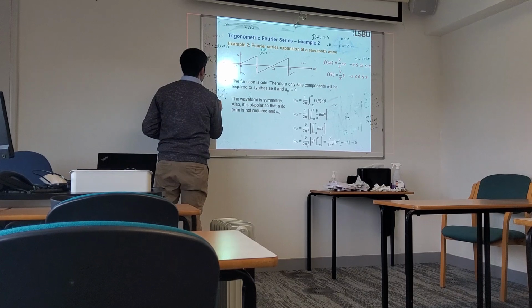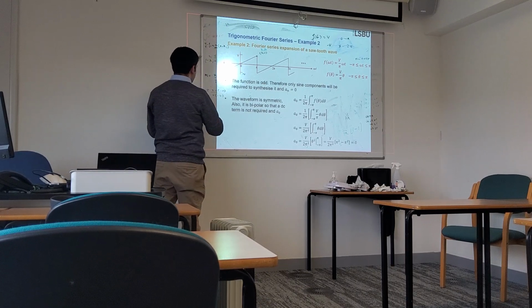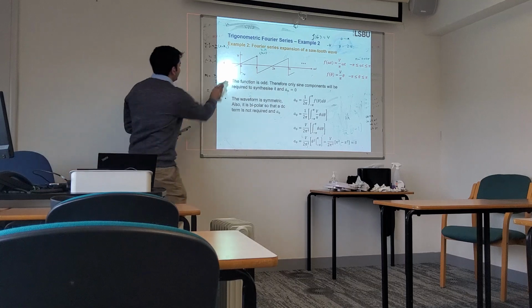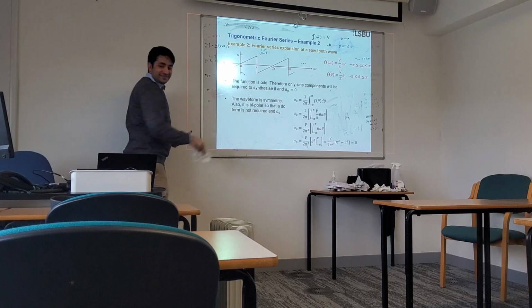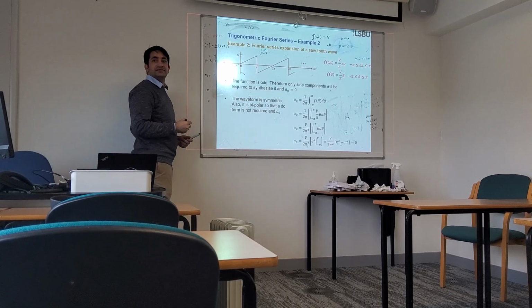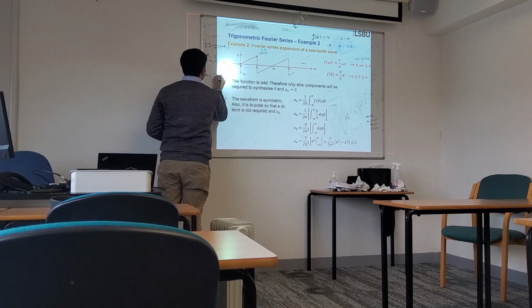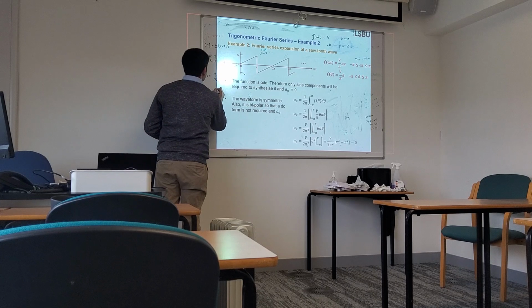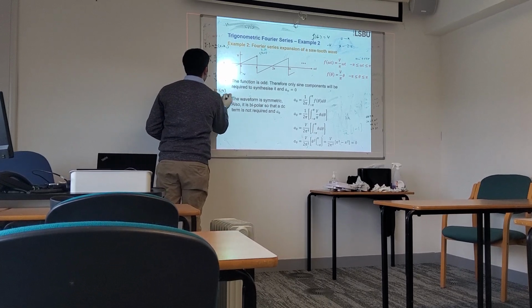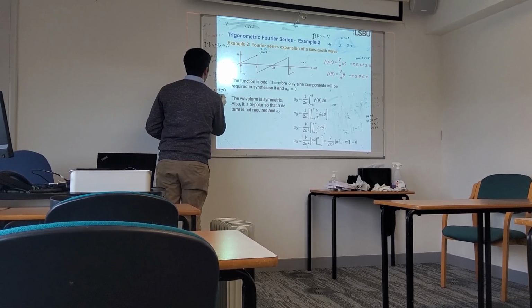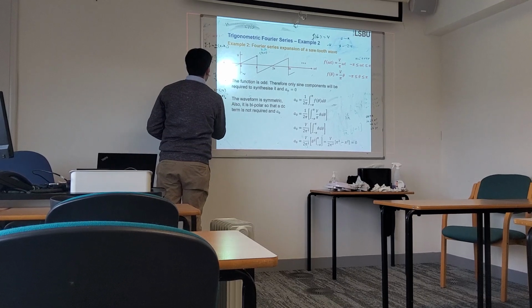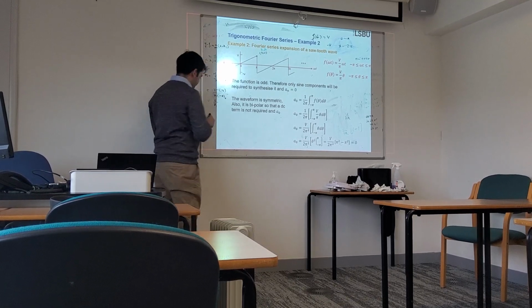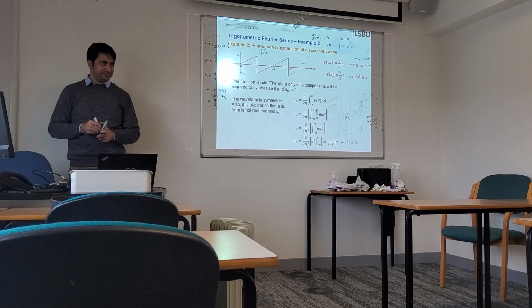Isn't it like dy over dx? The way I remember it is dy dx, change in y over change in x. So y2 minus y1 divided by x2 minus x1. Sorry, yes. So v minus minus v divided by pi minus minus pi, so it would be v by pi. So the gradient here is v by pi.